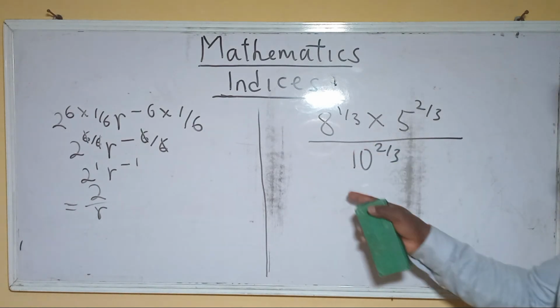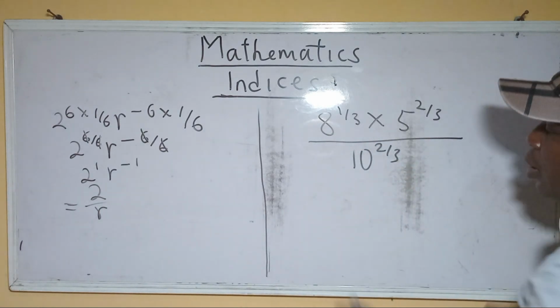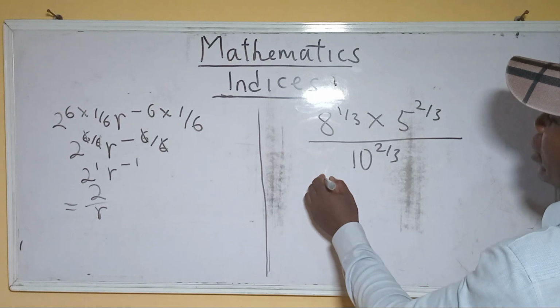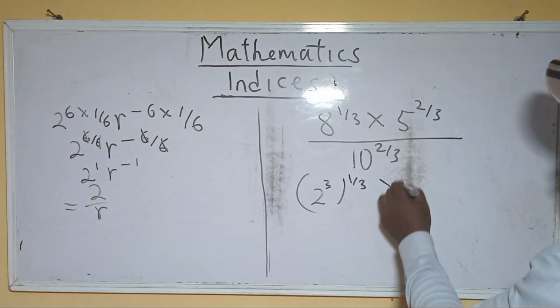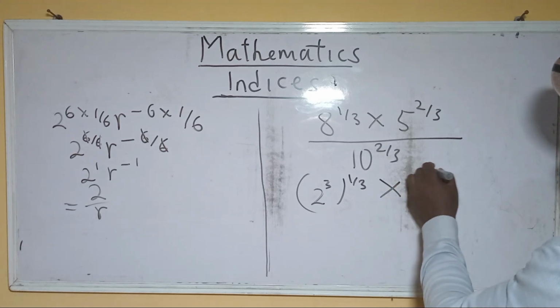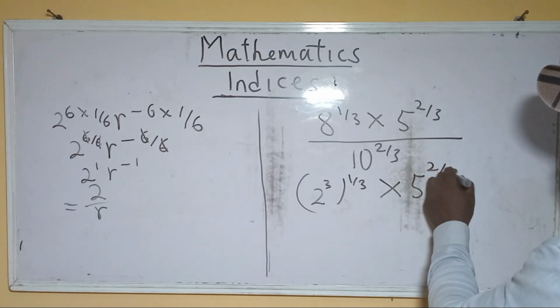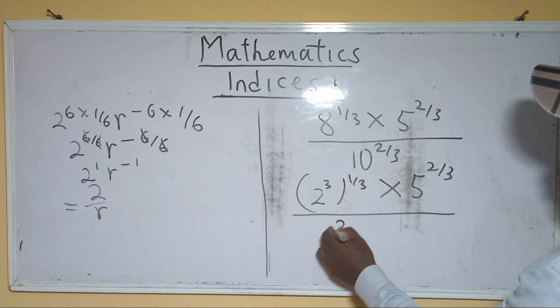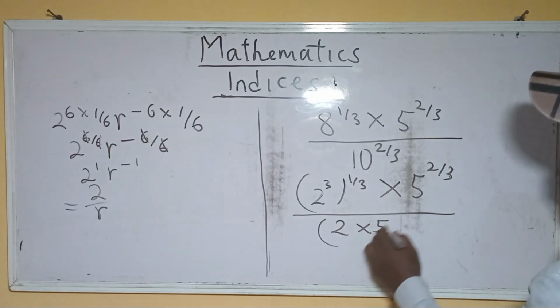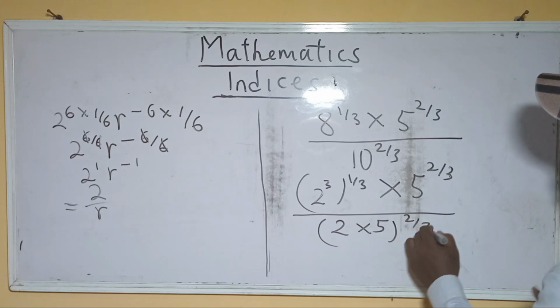Before we start, you have to break this one down. 8 will give me 2 raised to power 3, so 2^(3·1/3) times 5^(2/3). So we have to break it down. That is, I have 2 times 5^(2/3).